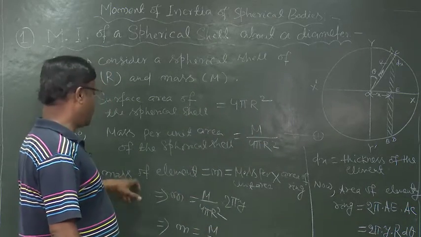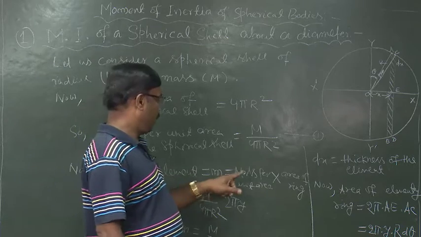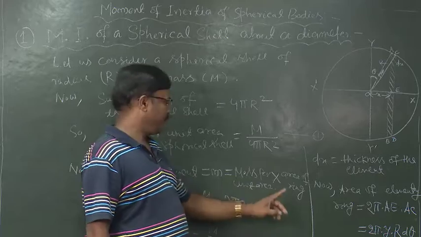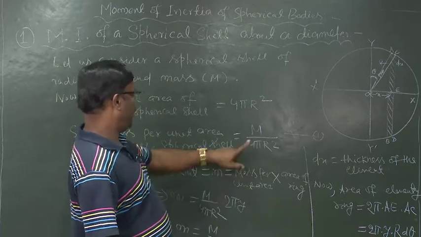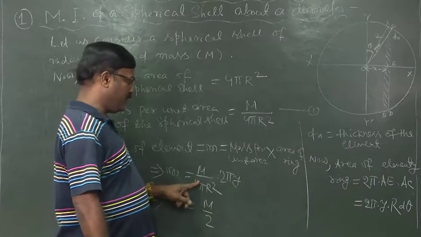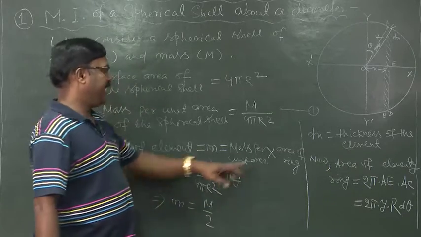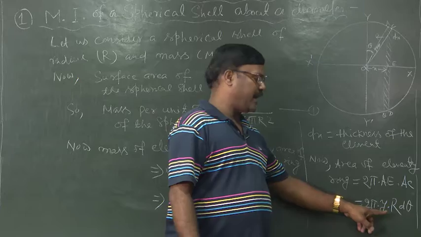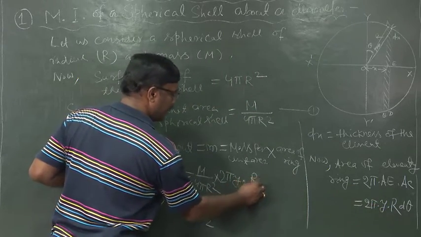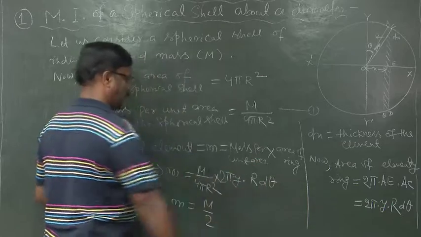Now the mass of the element is equal to mass per unit area into area of the ring. Here we have found m by 4 pi r square as the mass per unit area, into the area of the ring, which is 2 pi y into r d theta.